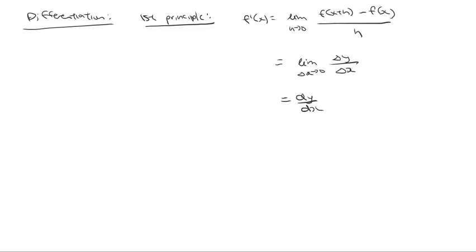So remember, what this means is that it represents a rate of change, ultimately. If you want to be more specific, then it's an instantaneous rate of change of y.